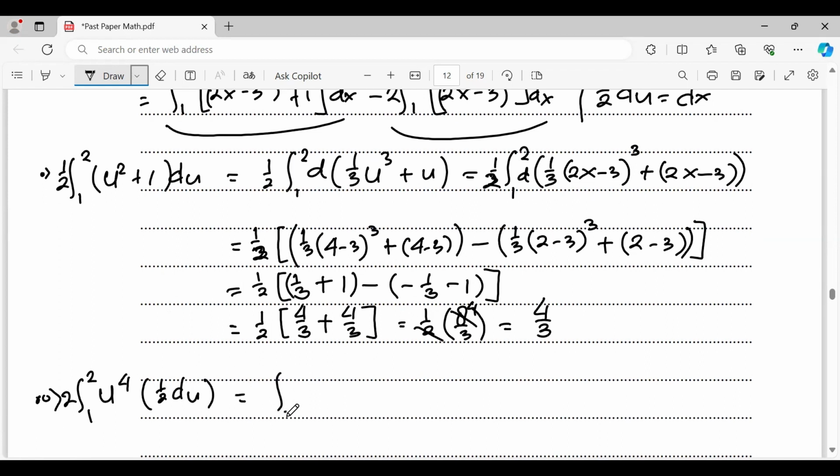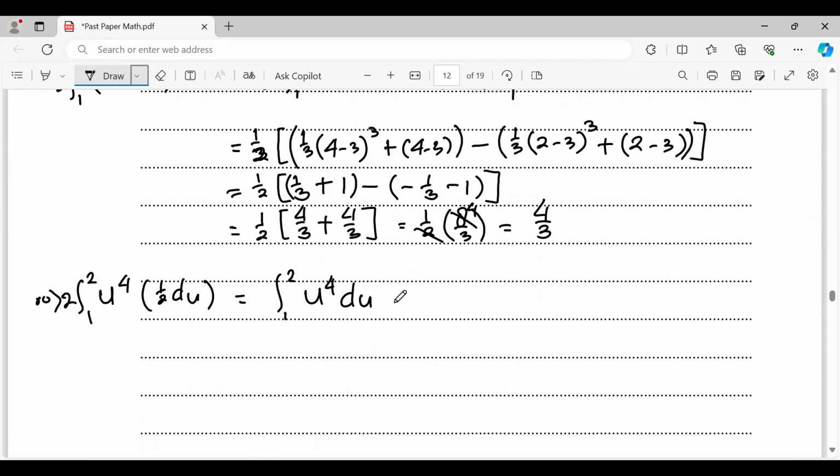So it's gonna be 1 to 2 u power 4 du. And it becomes 1/5 u power 5, or 1/5. Okay.